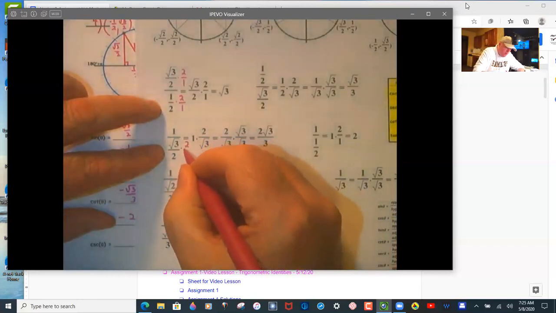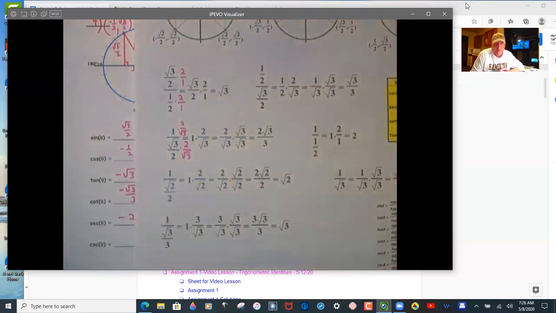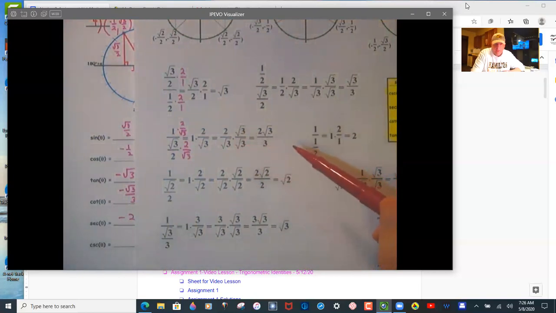Because you're trying to create a 1 in the denominator and you're multiplying. To do that, you have to treat the numerator and denominator the same. So that's why that rule works. And so that gives you 2 over the square root of 3, and then you have to rationalize the denominator. That means remove all square roots from the denominator by multiplying the top and bottom of the fraction by that square root value, and then reduce the fraction.